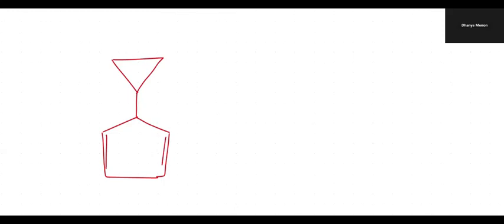So there are two rings. Among the two rings, which one will you make the word root? So first we check the functional group. If the functional group is not there, we check for double or triple bond. If both have double and triple bond, then we check for the number of carbon atoms. More number of carbon atoms, that will be the word root.